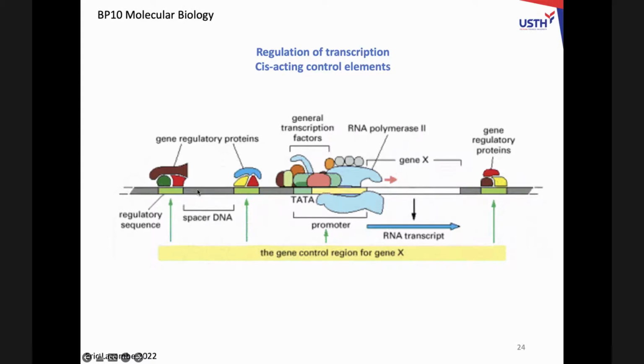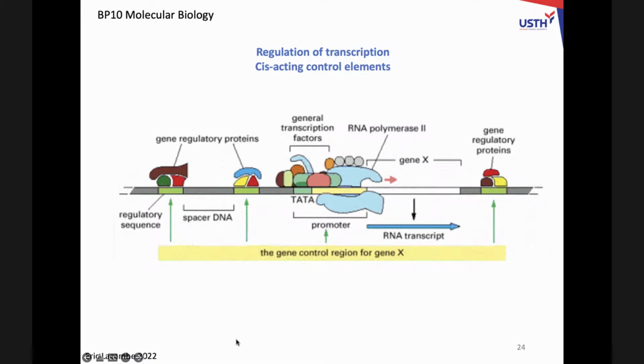Then in this drawing, you see that they put regulatory sequences upstream and downstream. And there was an extremely clever analysis of the distance of this regulatory sequence relative to the TATA box. What is the importance of the distance?